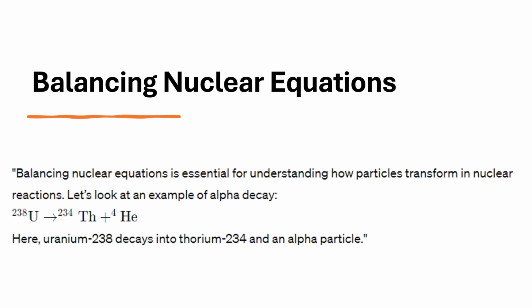It would be now thorium-234 plus the alpha particle, which pertains to a helium atom. So how will you describe this particular nuclear equation? Uranium-238 decays into thorium-234 and an alpha particle designated as a helium atom.